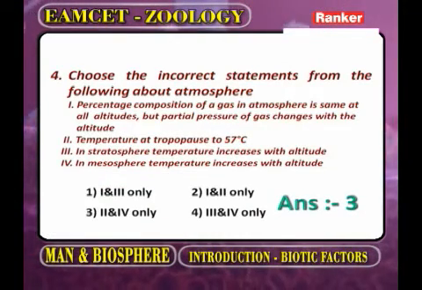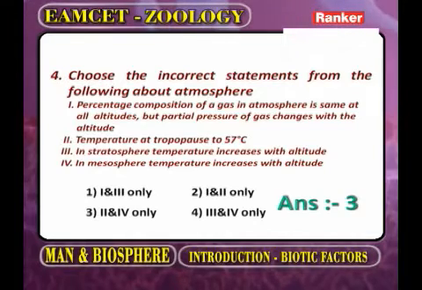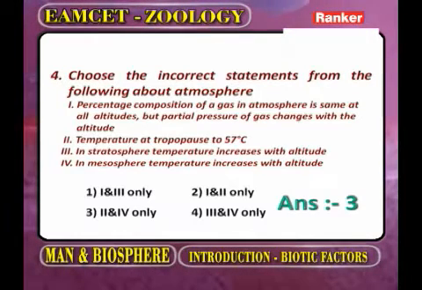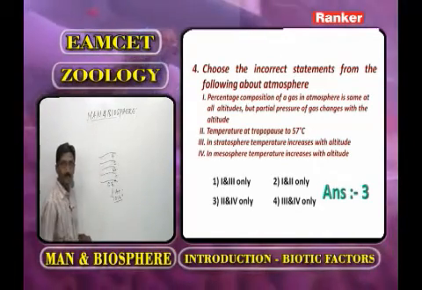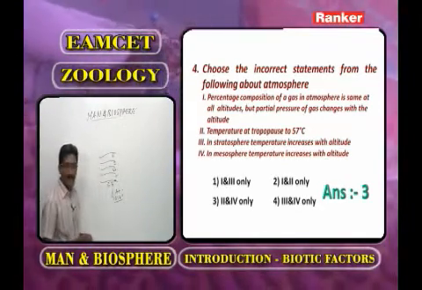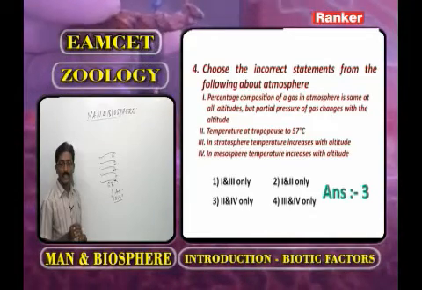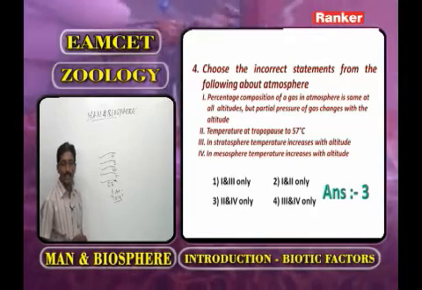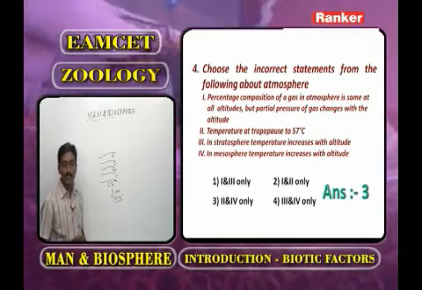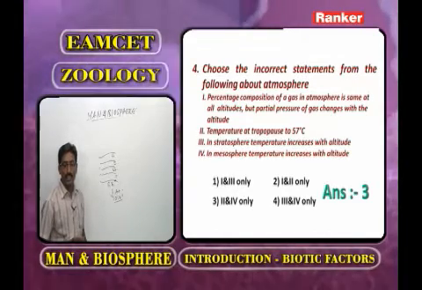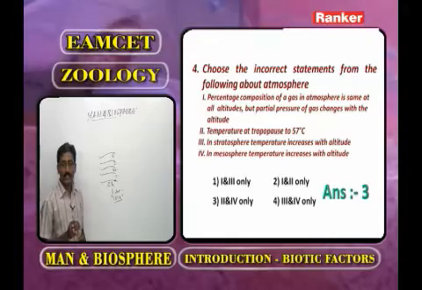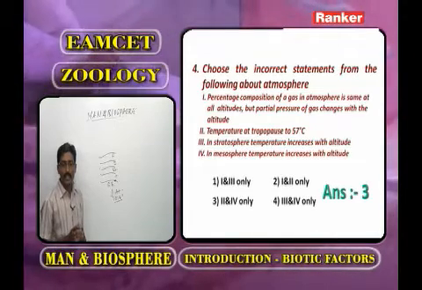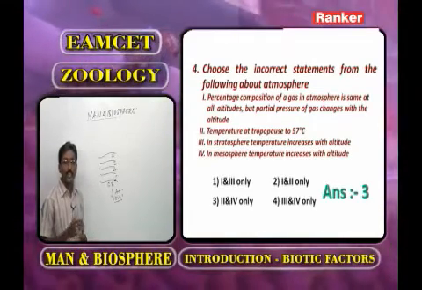Choose the incorrect statements from the following about atmosphere. This is the atmosphere: troposphere, stratosphere, ionosphere and exosphere. The first statement: percentage of composition of gases in the atmosphere is the same at all altitudes.